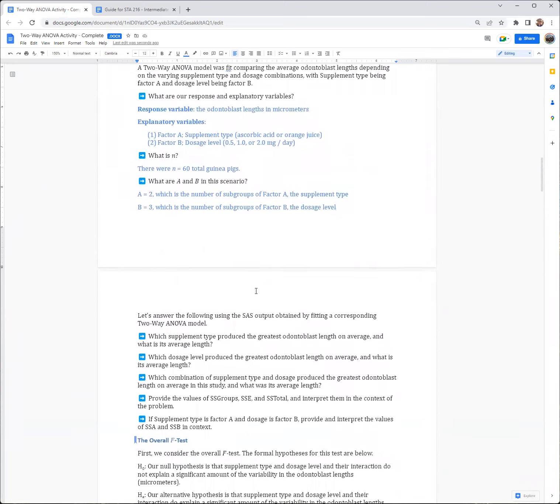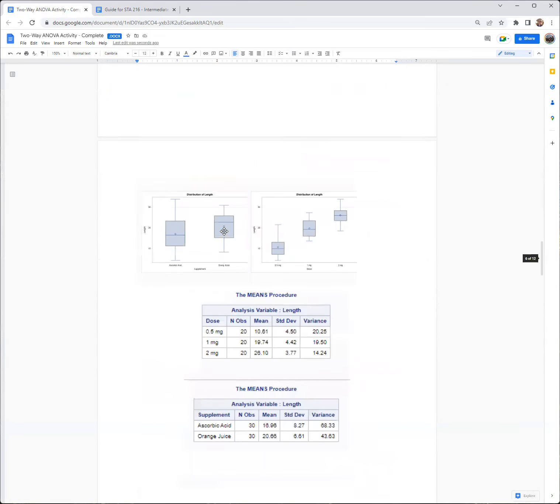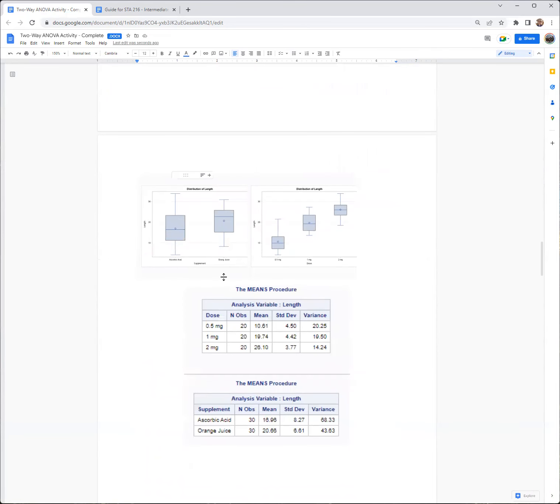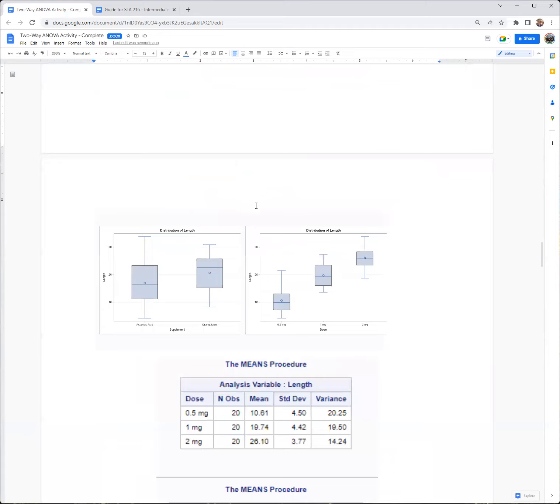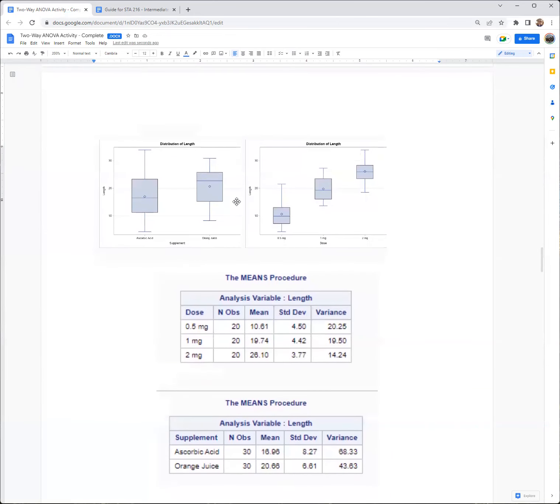Okay. So now we have some SAS output at the bottom of the document that give us some side-by-side box plots. We'll zoom in a little bit here. We have some side-by-side box plots showing the ascorbic acid odontoblast lengths, the orange juice odontoblast lengths, and then also stratified by dosage level.